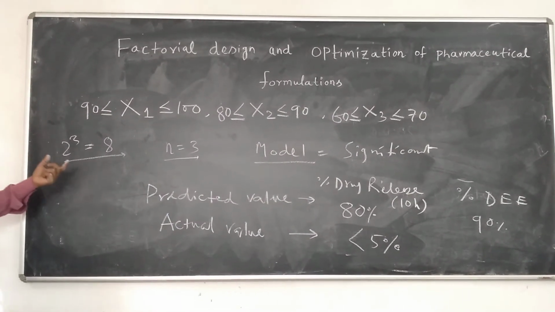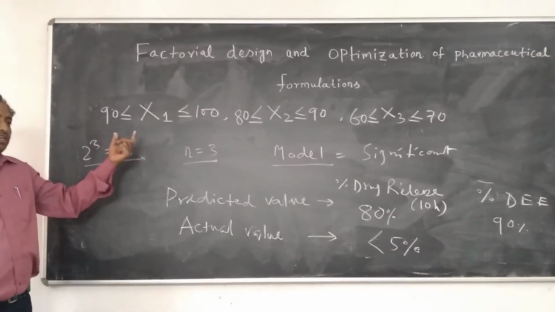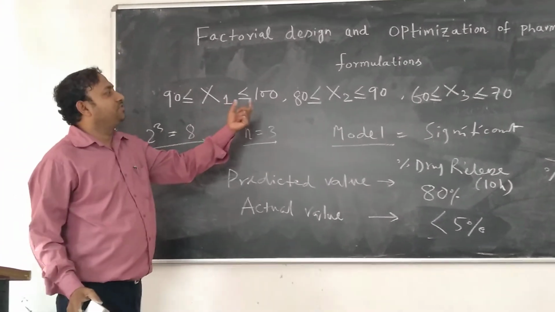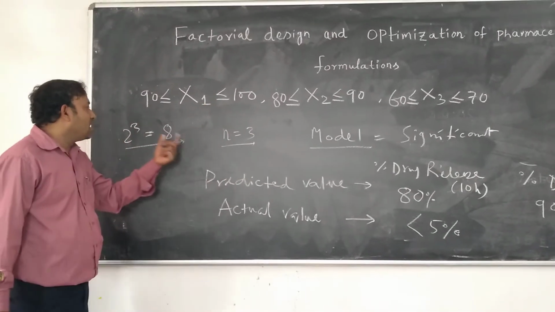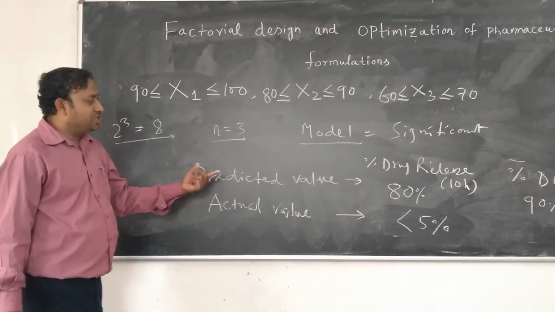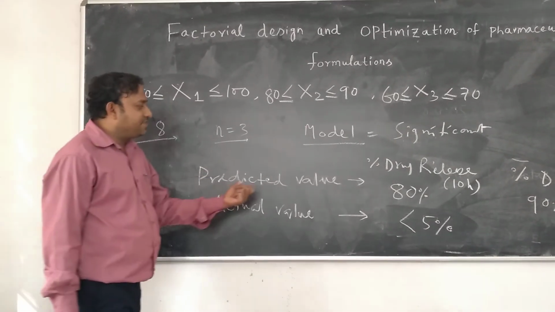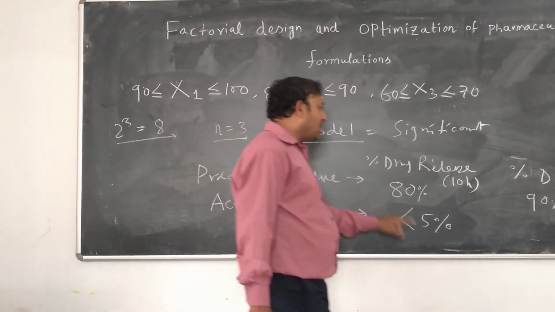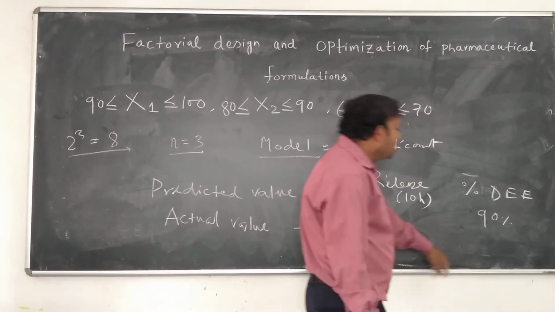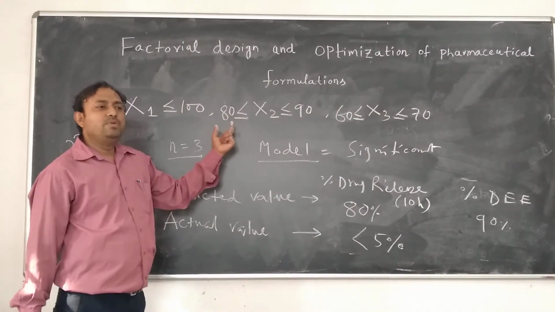So we get the optimized formulation using specific amounts of the three factors. If the result varies less than 5% for drug release and also less than 5% for drug entrapment efficiency, the model will be significant.